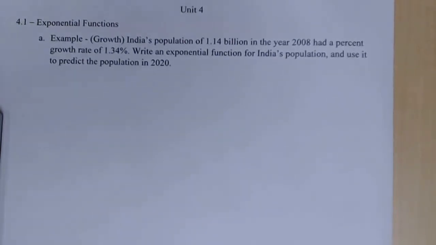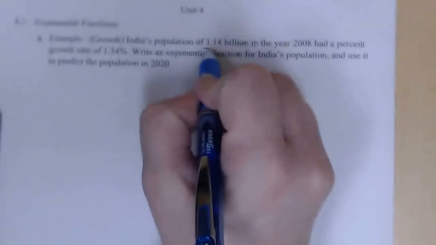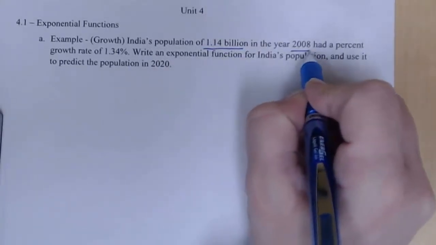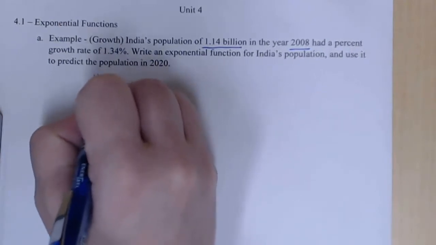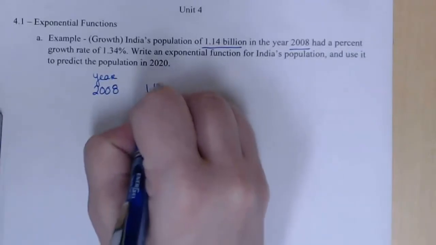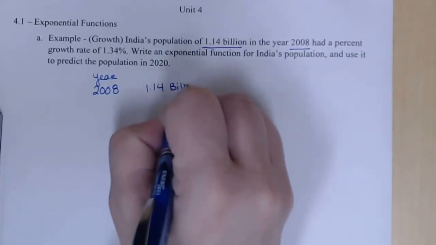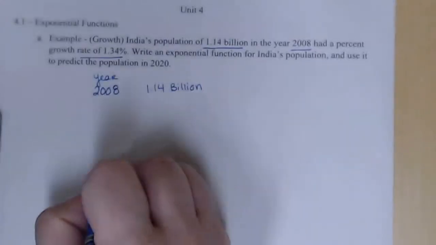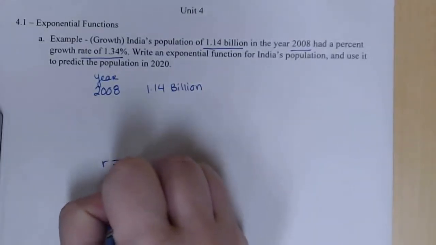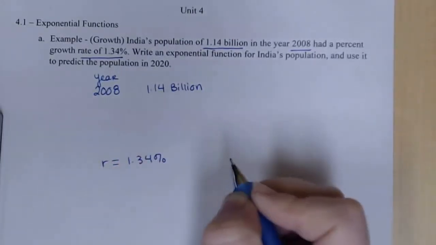So let's look at what information we have. 1.14 billion in the year of 2008 means that in 2008, so that's my year, it was at 1.14 billion, so lots of people. And then it says it has a growth rate of 1.34%, so I know R is going to be equal to 1.34%.